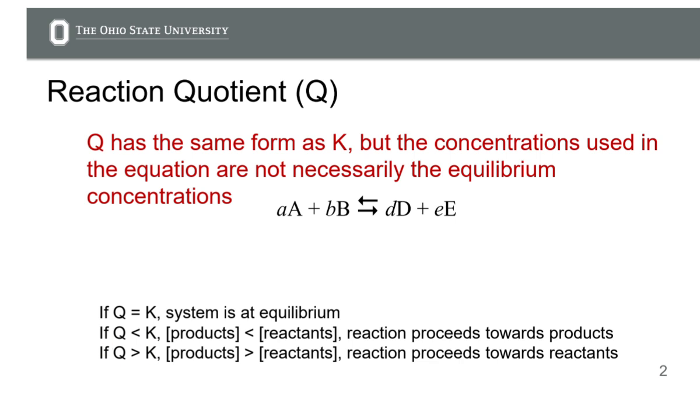And the opposite is true if Q is larger than K. There's essentially more products than expected to be at equilibrium, and so we need to produce more reactants. The reaction occurs in the reverse direction. Questions on any of these things?